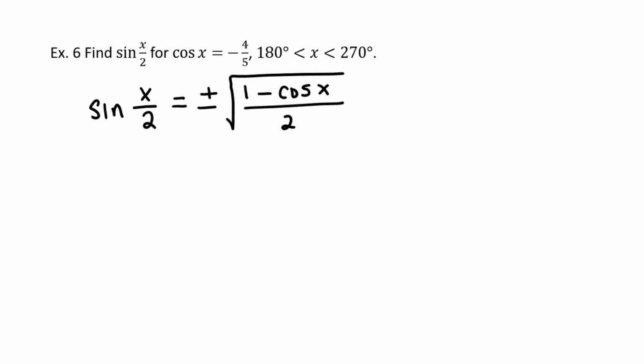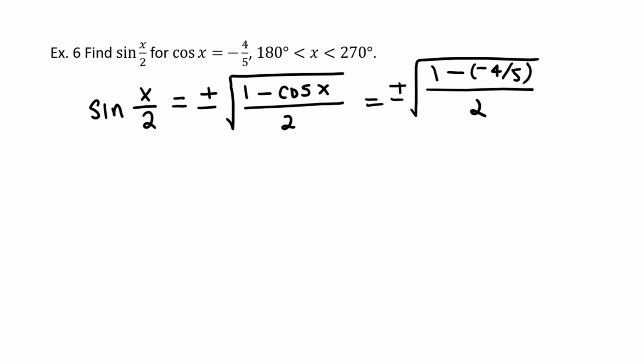Let's put our numbers in. So this would become plus or minus, then you have 1 minus cosine of x is given as negative 4/5, and all of that is still over 2 and under the square root.